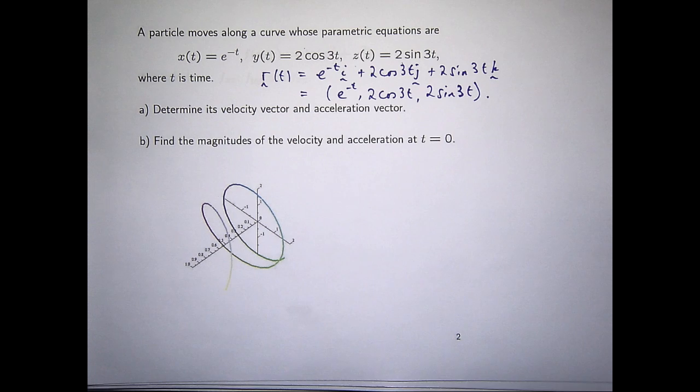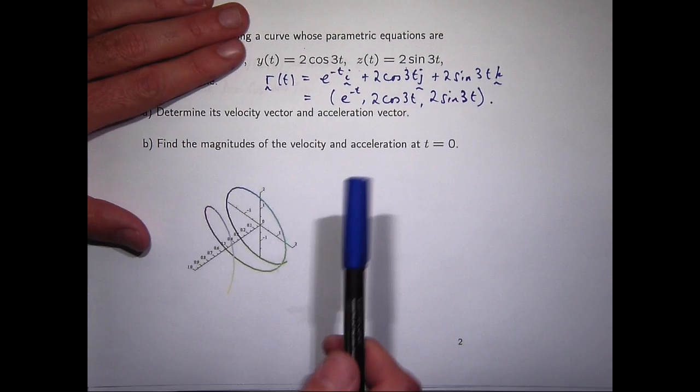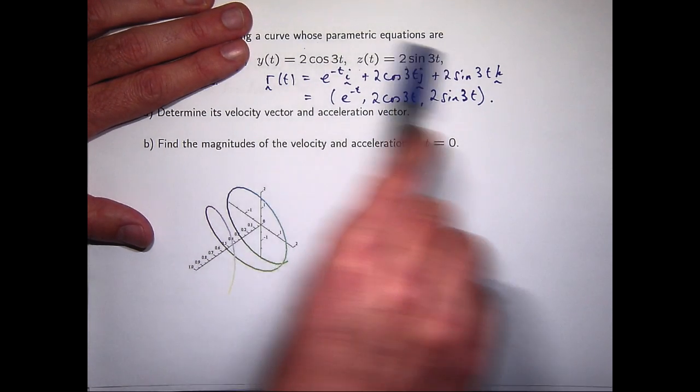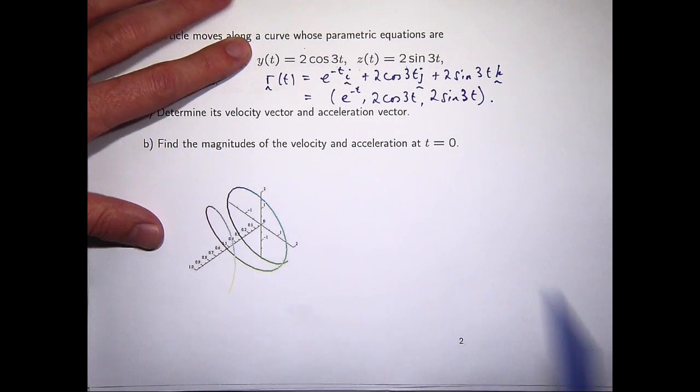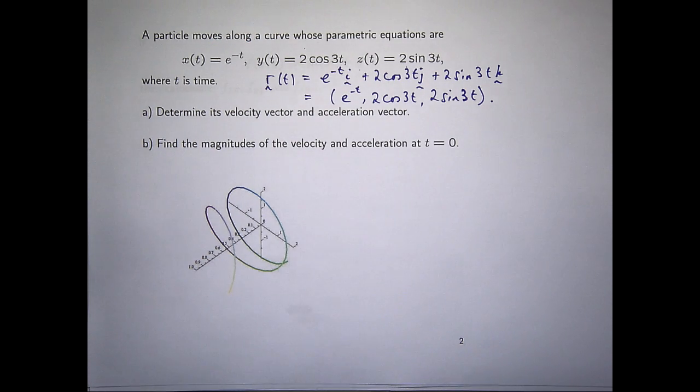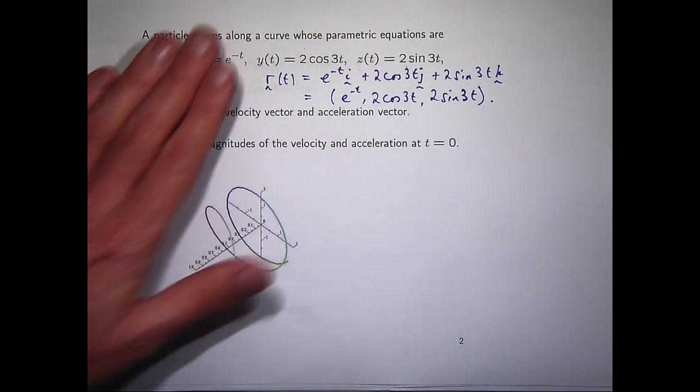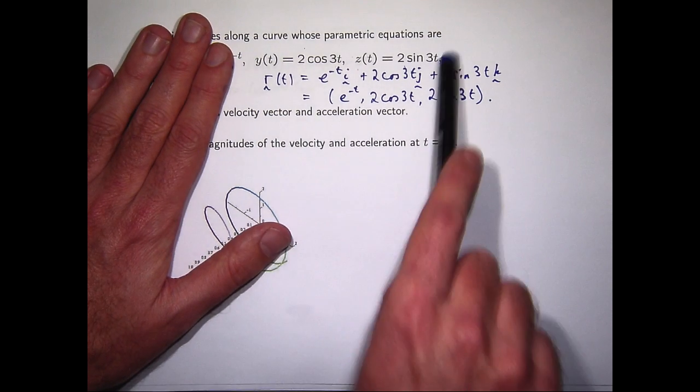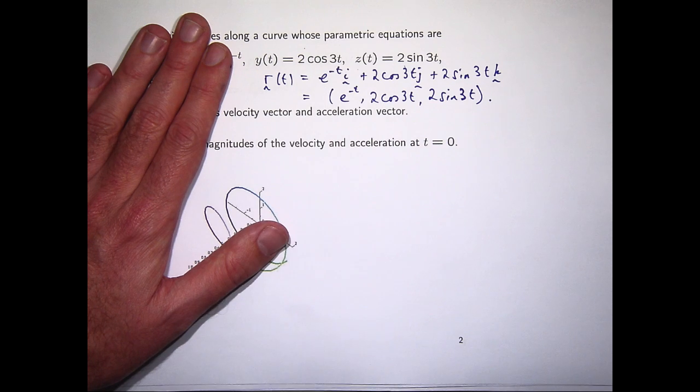Now, hopefully, if I cover up the x of t, and I just look at these 2 functions, we've got a cosine 3t and a sine 3t in there. So if we were just to plot, say, in the yz plane, the curve associated with this, what do you think it would be?